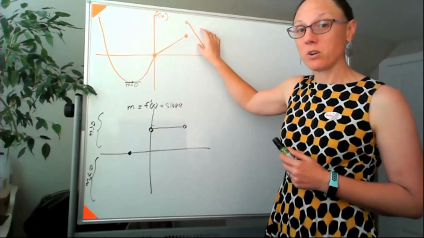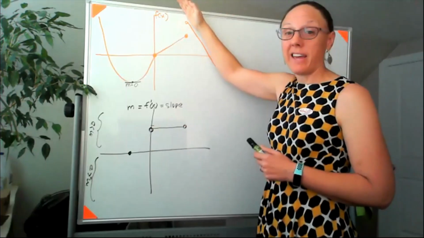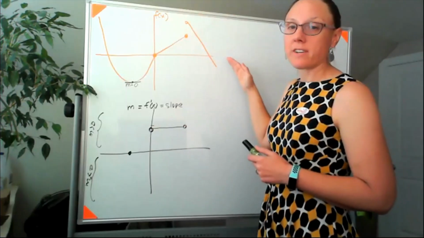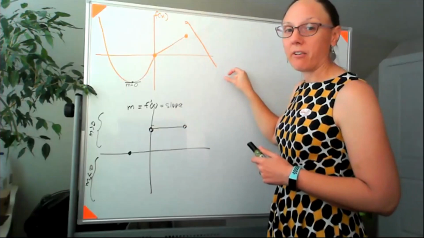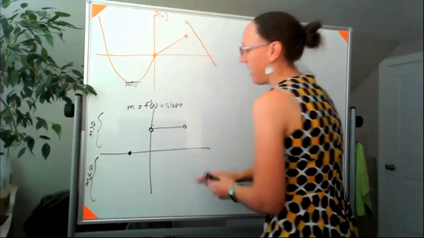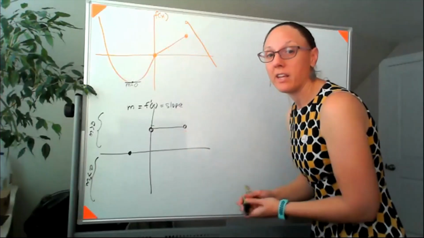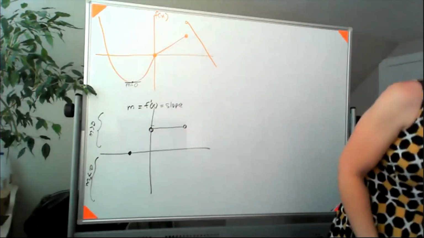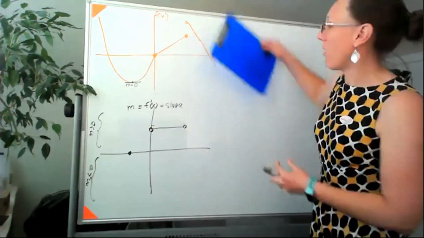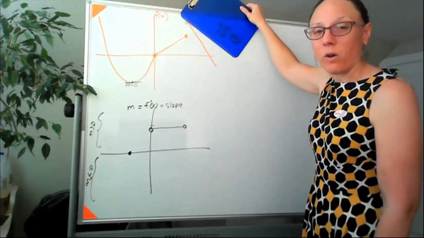Now, when I look at this portion over here, everywhere over here, again, it's a line, so my slope is constant, but this slope is negative. So when I transfer these x values down here, I know I need to be in this zone where my slopes were negative. So again, if I think about eyeballing about a 45-degree angle, that would be like a slope of -1.